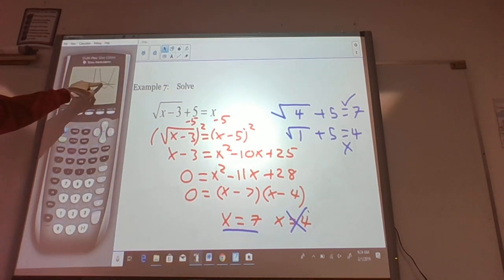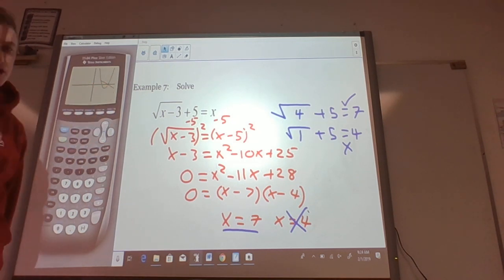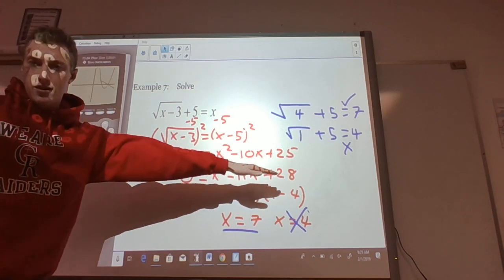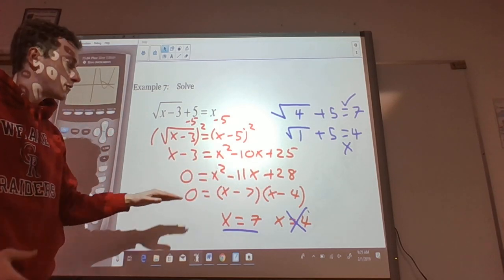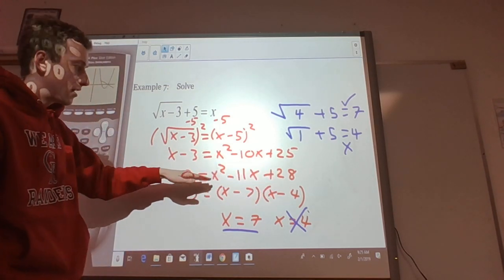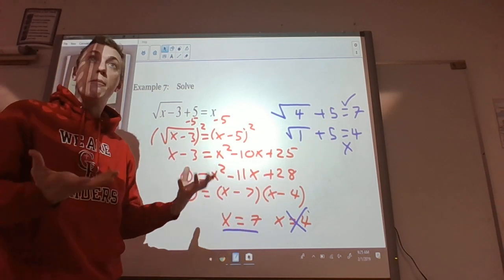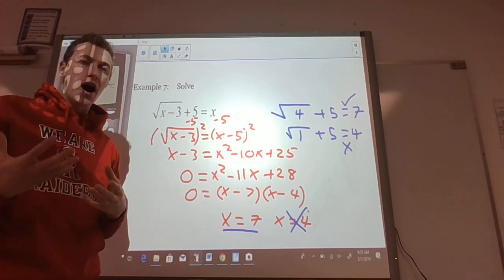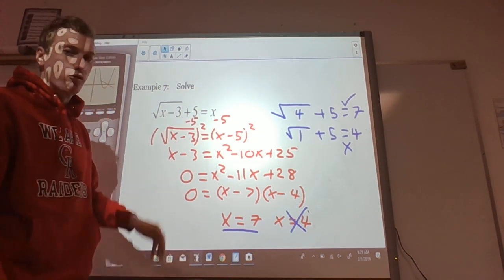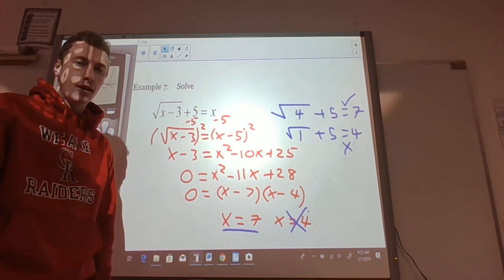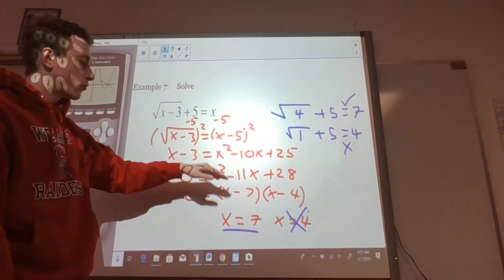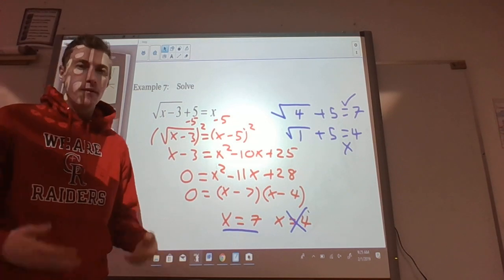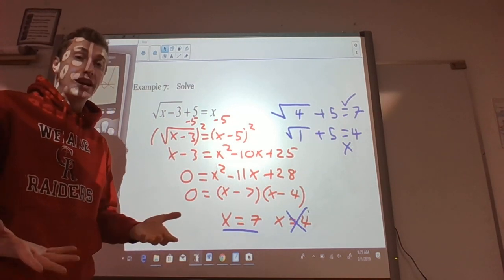X equals 4 is not going to be a solution of our original equation, but because of this method of solution, it's going to appear to be a solution of this quadratic that we're using to model the solution for the radical function. So the quadratic will always give you the one that you want, this x equals 7, but it's also possible that it'll give you extraneous solutions.